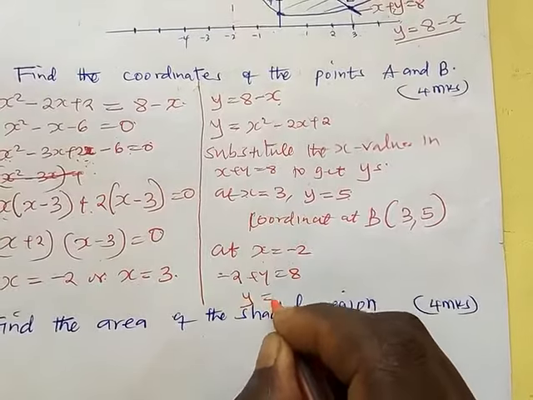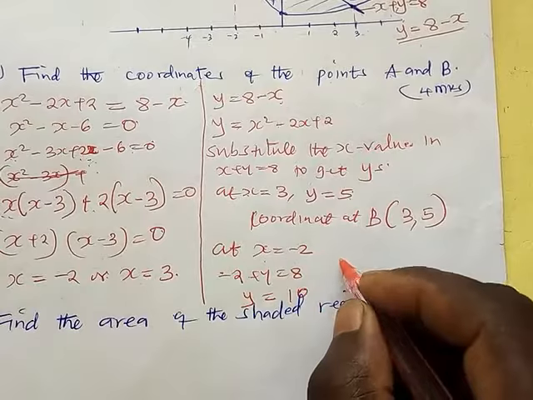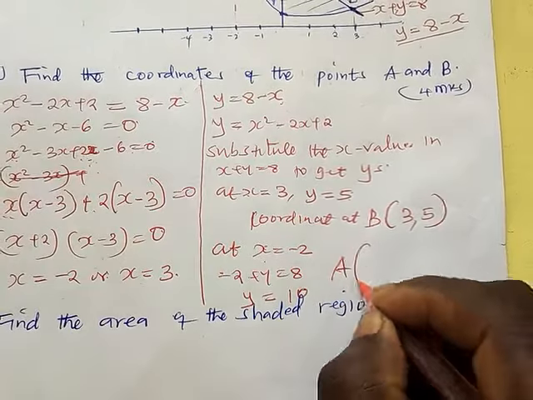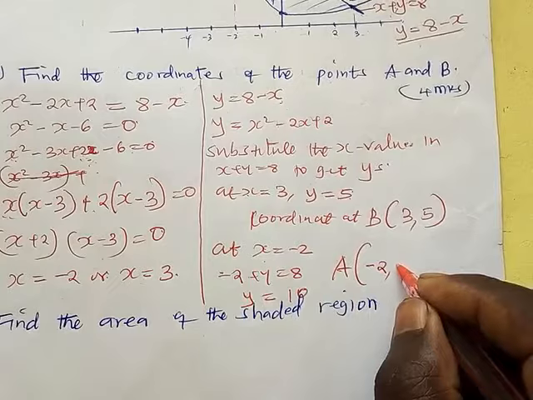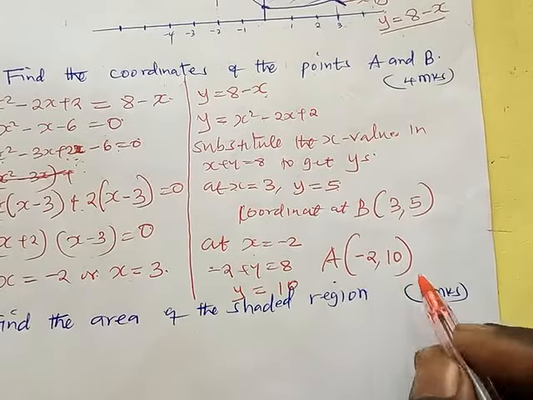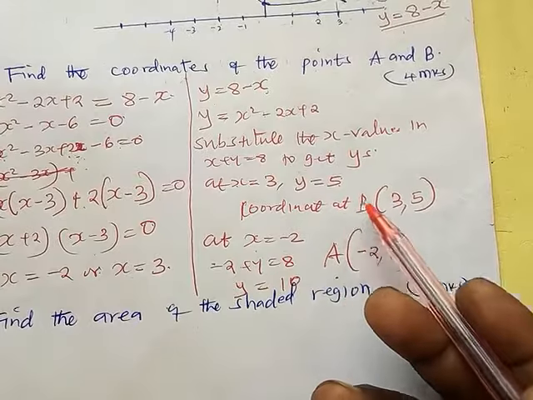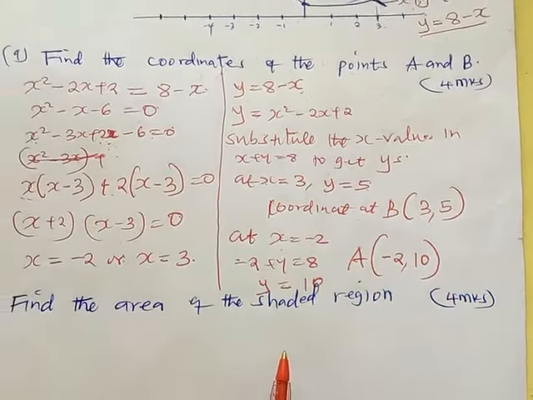It means that y equal to 10, right? So the coordinate of a is -2, which is the x, and the y, which is 10, right? So we have gotten the coordinates of b and the coordinates of a as simple as that.